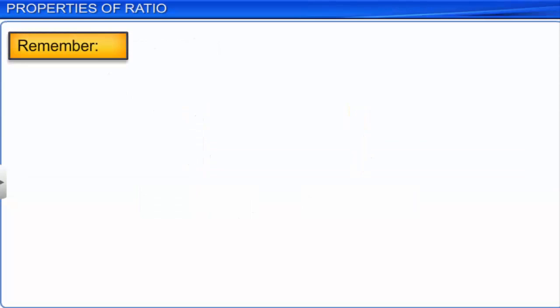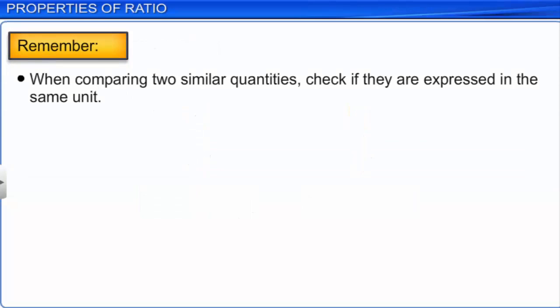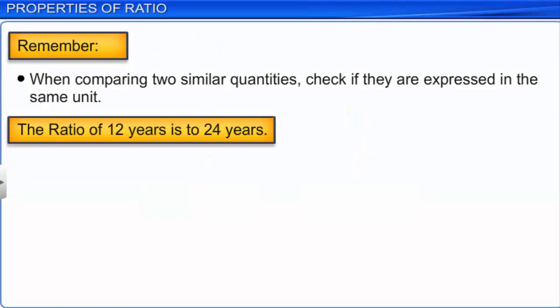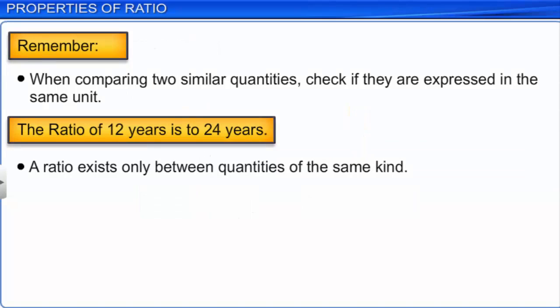Remember some important points. When comparing two similar quantities, check if the two terms are expressed in the same unit. For example, the ratio of 12 years is to 24 years. Both the quantities are in years. The comparison of two quantities is meaningful only when they are of the same kind.